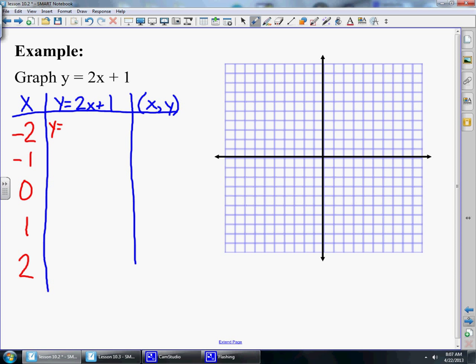Y is equal to 2 times -2 plus 1. Probably going to need a little bit more room to work here.